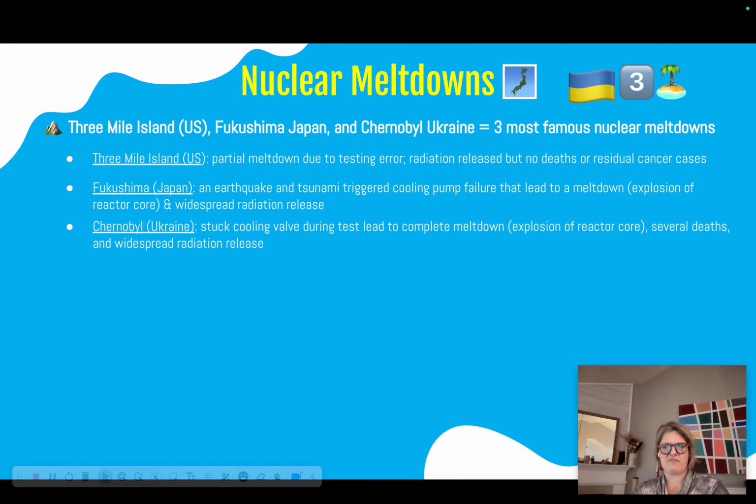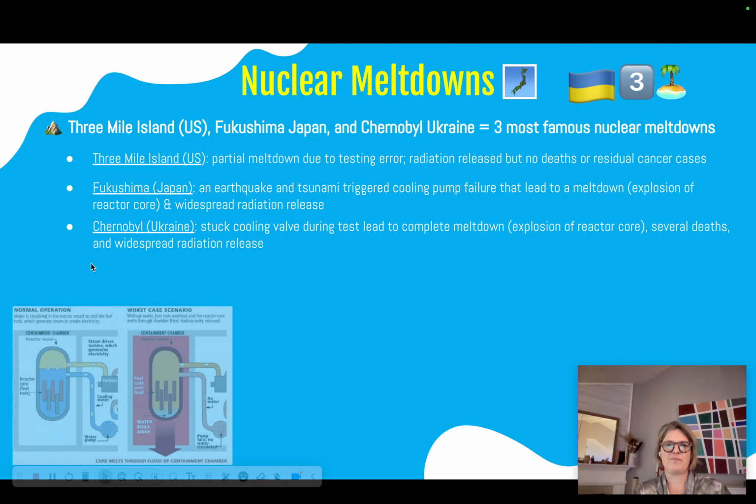There were several deaths of employees that worked at the plant, and we've had generational issues with the area because of the widespread radiation release that occurred in Chernobyl. And there are still, to this day, genetic issues with people that were impacted from that reactor meltdown.